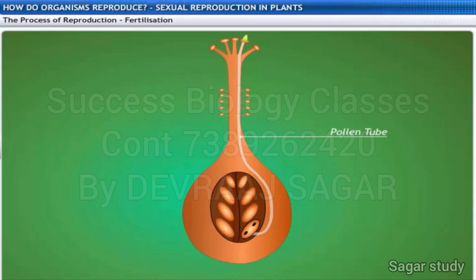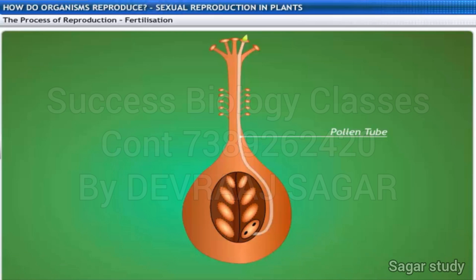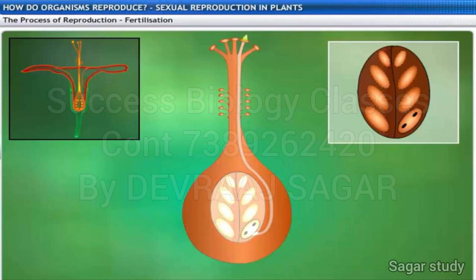To enable the pollen grains to reach the female germ cells, a tube grows out of the pollen grain and reaches the ovary. This tube is known as the pollen tube. This is where the fusion of the germ cells, or fertilization, takes place.